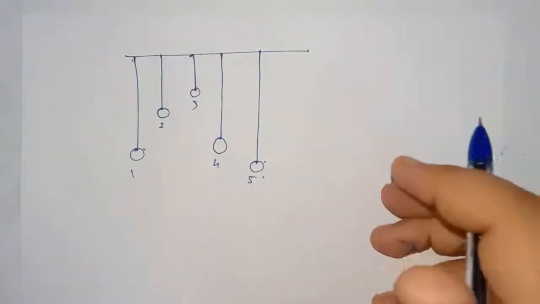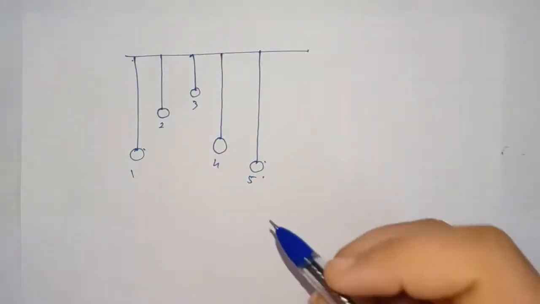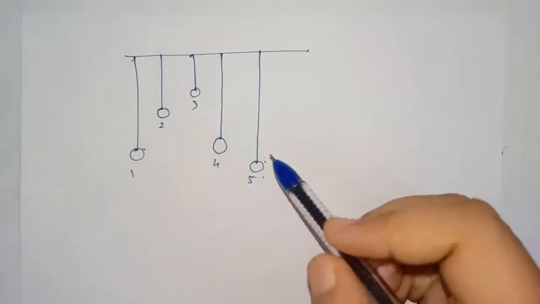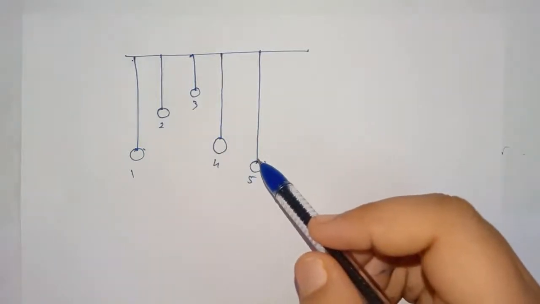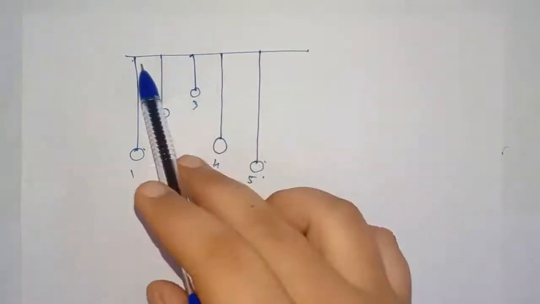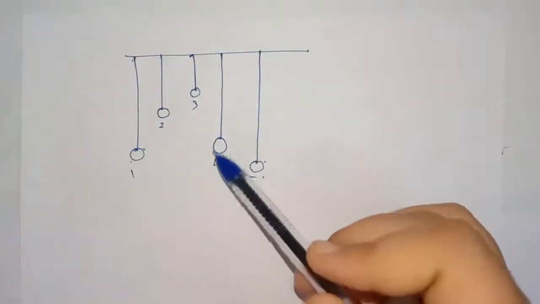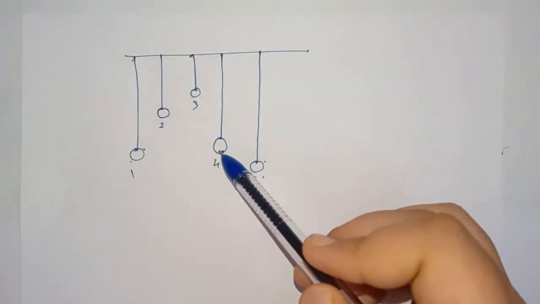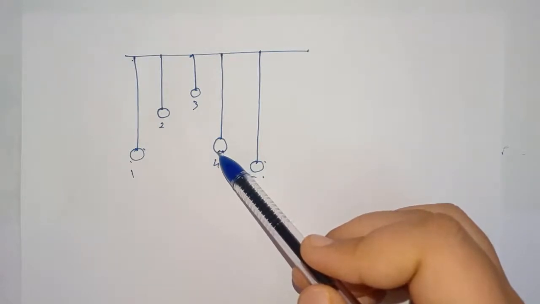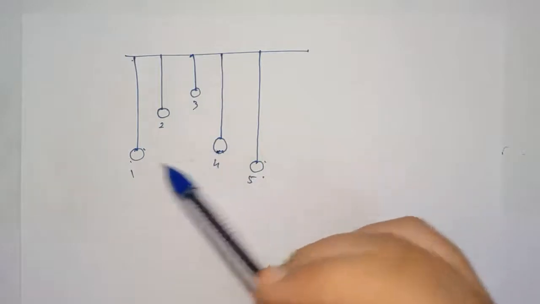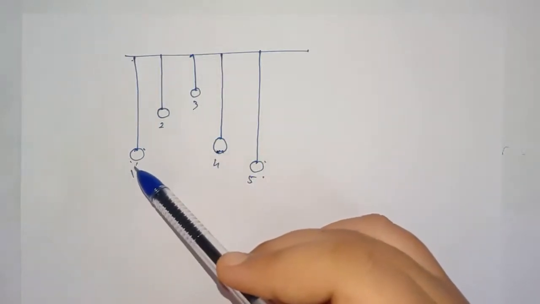Now, to understand that, let us consider a set of 5 simple pendulums of assorted lengths suspended from a common rope. The pendulum 1 and 4 have the same length and the other 3 have different lengths. Let us set pendulum 1 into motion.